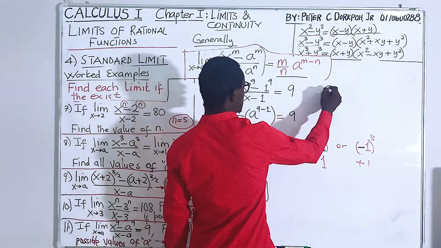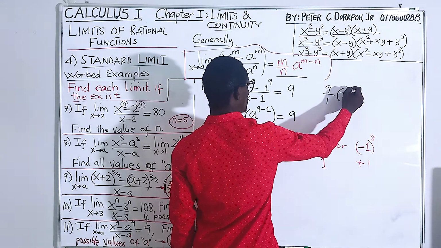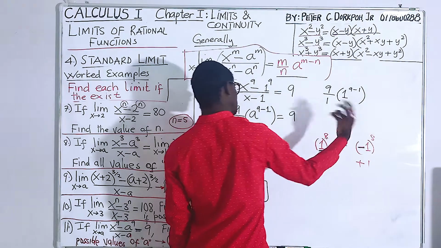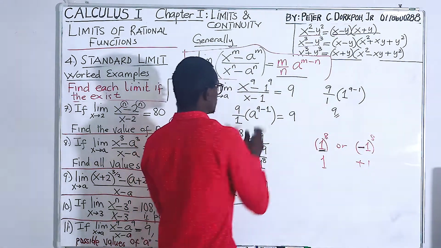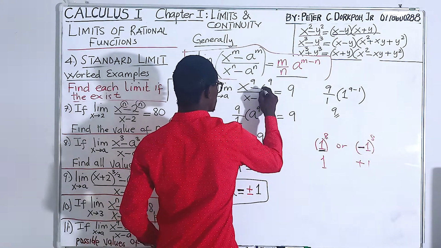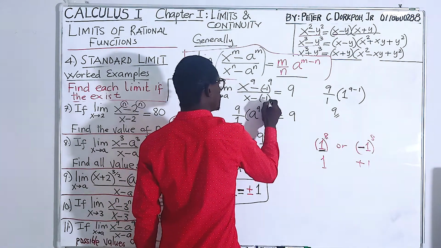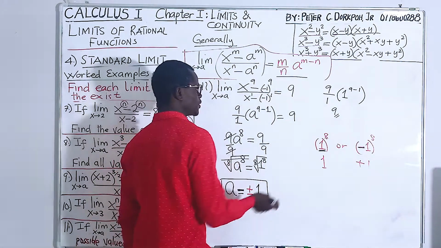And then this will just be 9 over 1 times 1 now raised to the power 9 minus 1. 1 raised to any power is just the same as 1. So this just equals 9. What if this one was minus 1 raised to the 9th power divided by minus 1 raised to the first power? Right? It's the same thing.